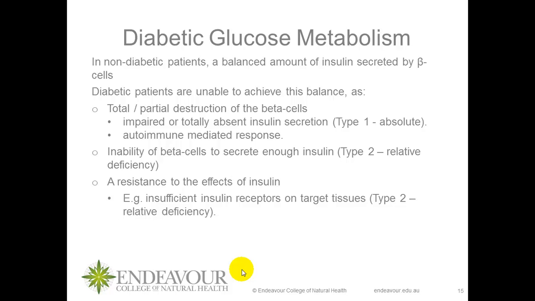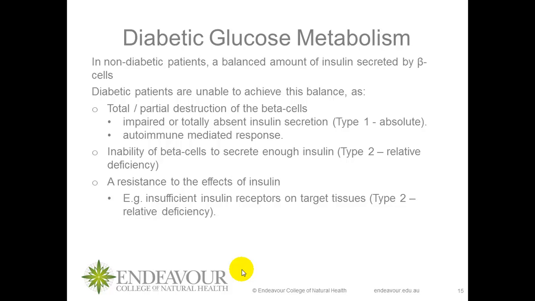If the person has functioning beta cells, they are producing enough insulin, but there's an inability of the body to respond to that insulin. That's a relative deficiency of insulin, and so this is termed type 2 diabetes.